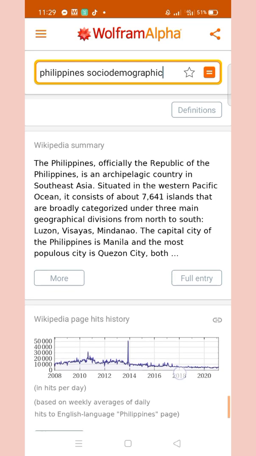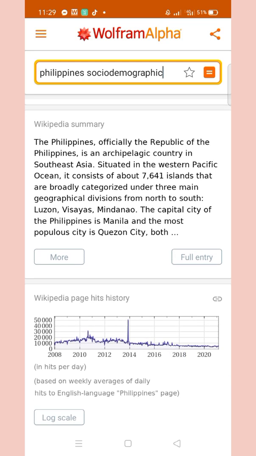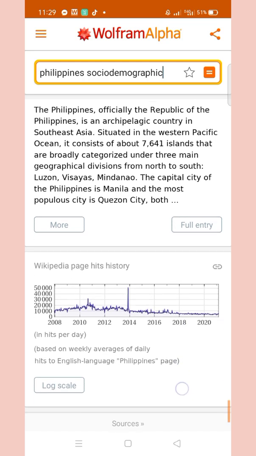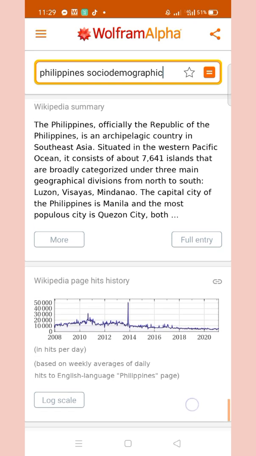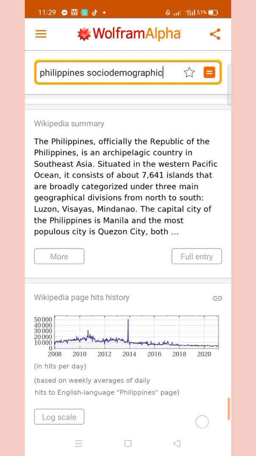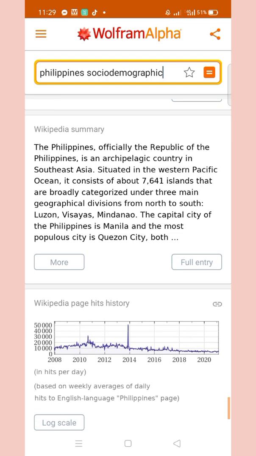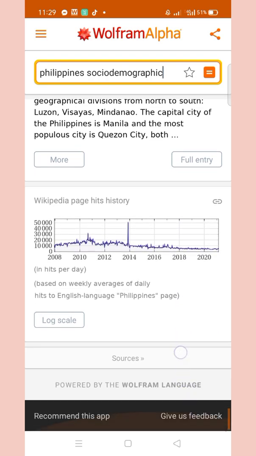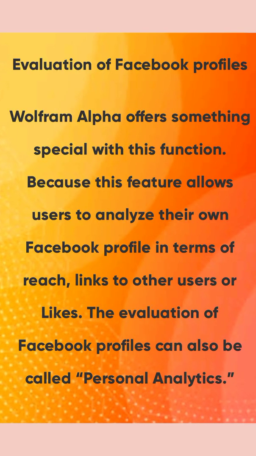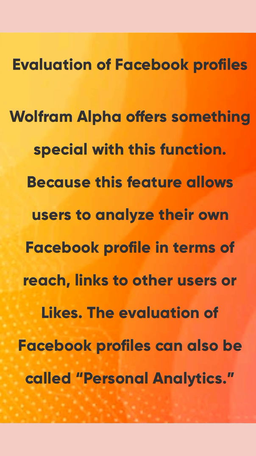Officially, the Republic of the Philippines is an archipelagic country in Southeast Asia, situated in the Western Pacific Ocean. It consists of about 7,641 islands that are broadly categorized under three main geographical divisions from north to south: Luzon, Visayas. So let's proceed to another feature of Wolfram Alpha.